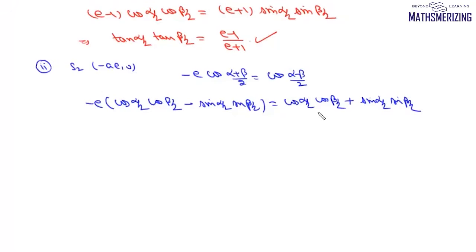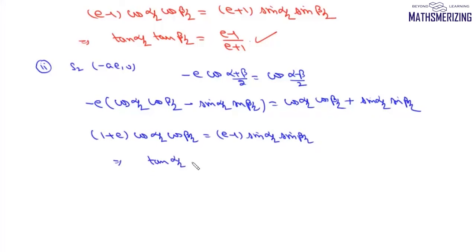So we'll simplify, then we can write (1 plus e) cos alpha by 2 into cos beta by 2 equal to (e minus 1) sin alpha by 2 into sin beta by 2. So from here we have the result tan alpha by 2 into tan beta by 2 should be equal to (e plus 1) upon (e minus 1).